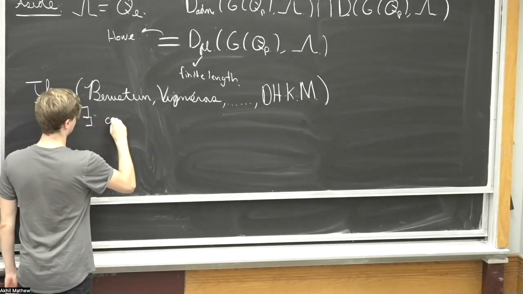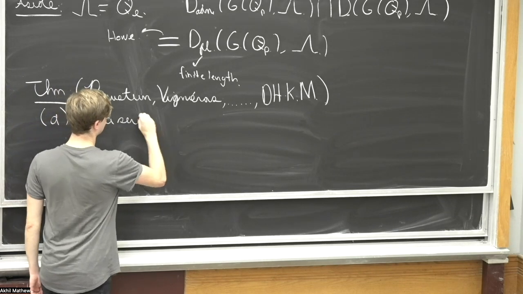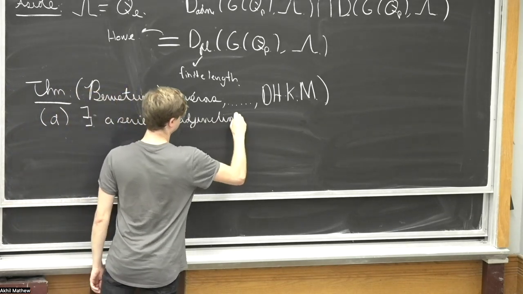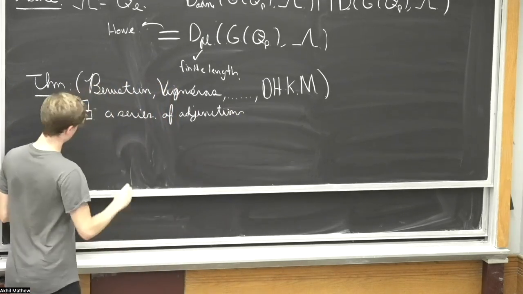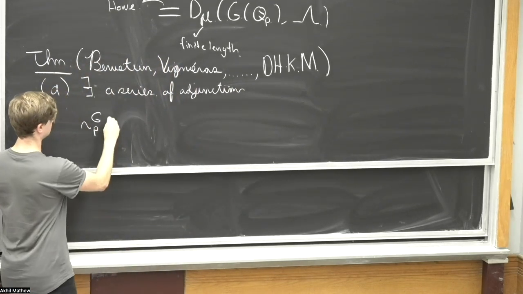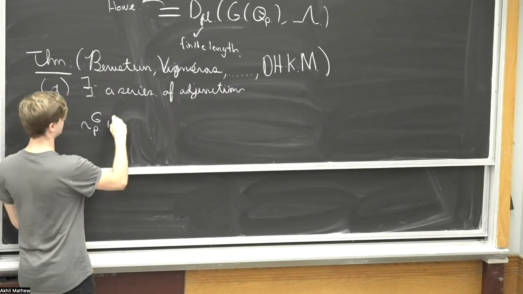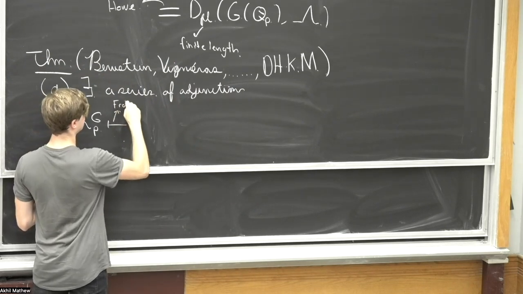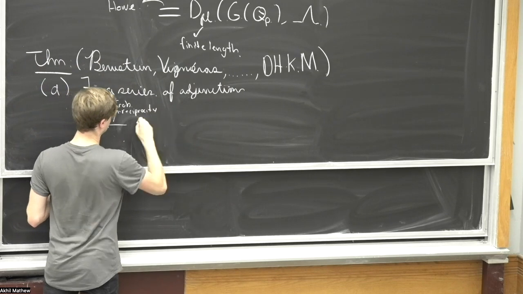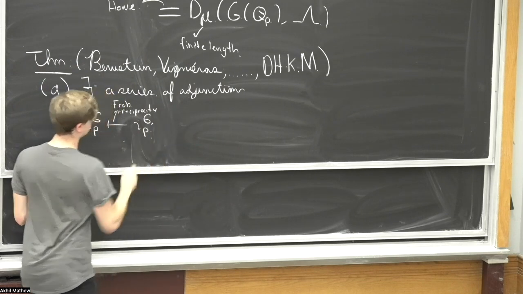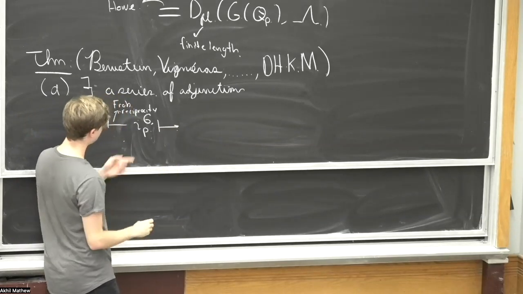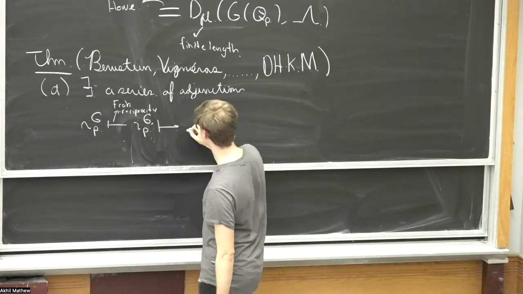So first, there exists a series of adjunctions. We can first start with our Jacquet module, and then this has a left adjoint given by Frobenius reciprocity, I_P^G. And then it actually turns out that this admits a further right adjoint.